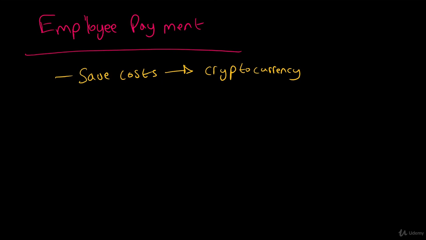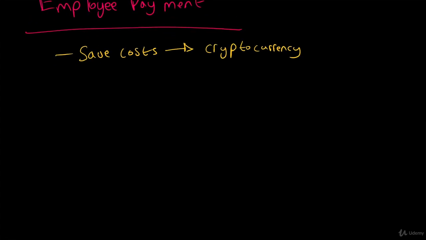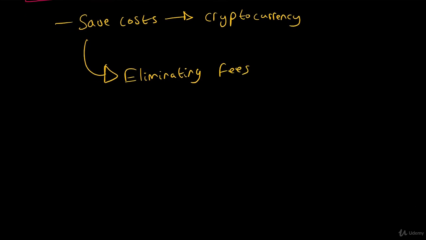Bitcoin. So using a cryptocurrency based system, whether it's an existing one or a whole new one, maybe one that's just specific to your company, so you're creating your own, maybe through an ICO, you can help reduce costs. And these costs can be reduced through eliminating fees that are associated with international payments.